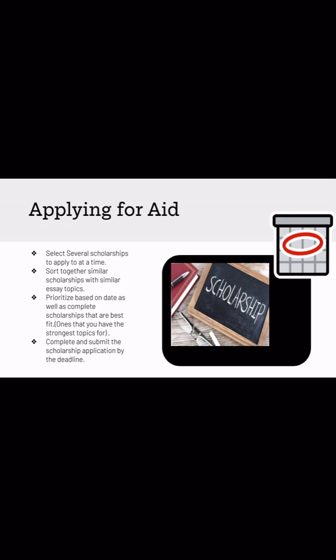You want to prioritize those deadlines for scholarships that are coming up first, as well as the scholarships that you can complete within a shorter period of time. Grouping together similar scholarships also makes the application process easier because it keeps you organized and focused with your topics during the application process.